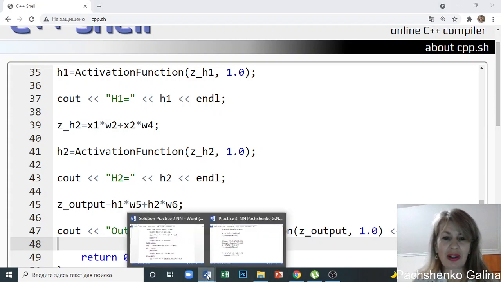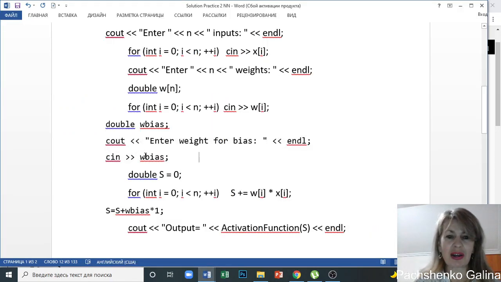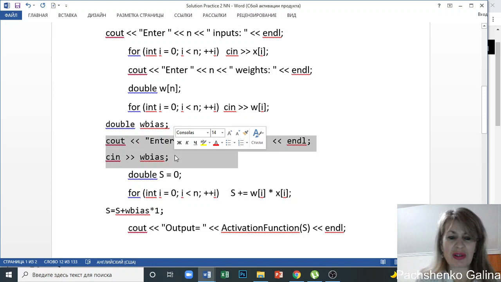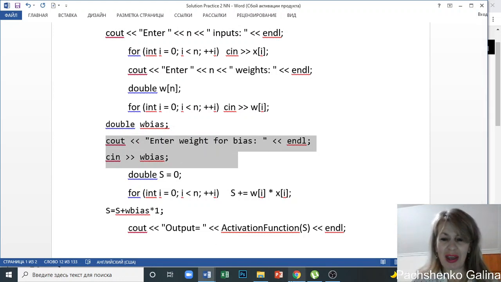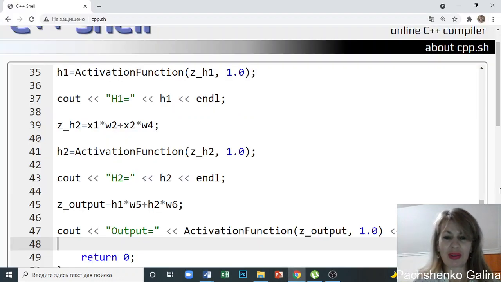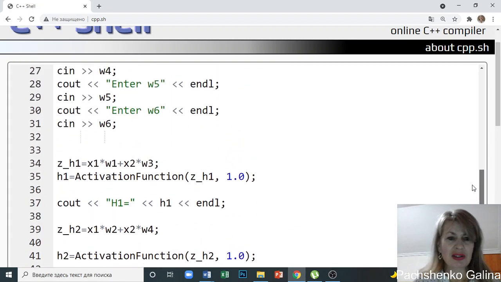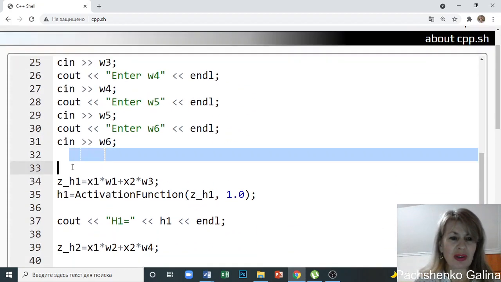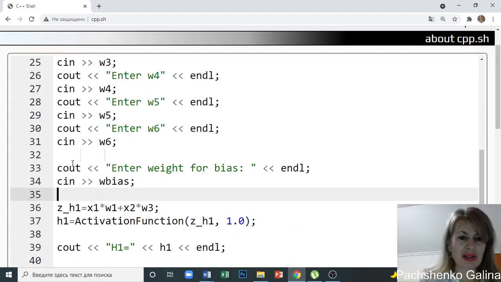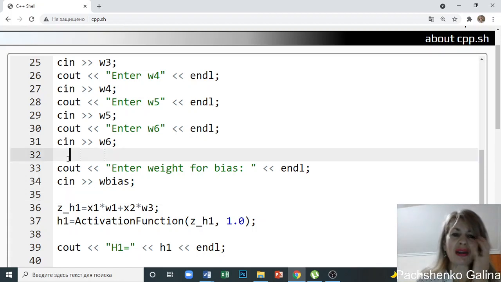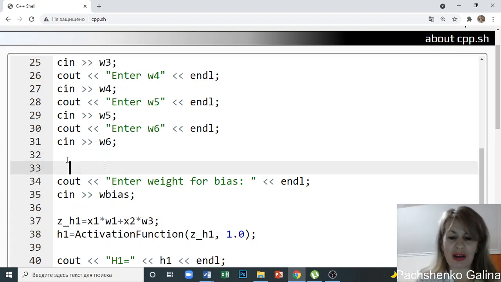I'll copy them here to save our time and put them in my program. Okay, it's the text for the user: please enter biases. Okay, and now I need to declare my bias.